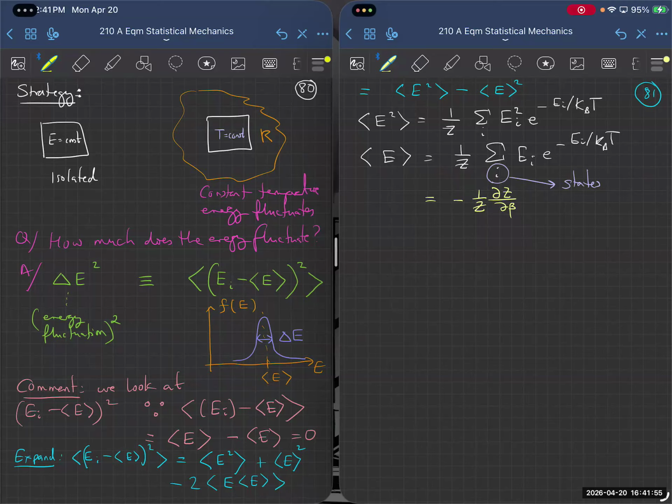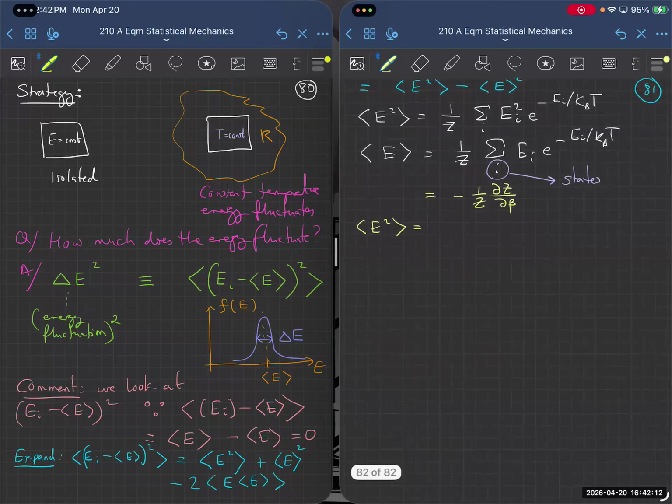So now let's write these things down as differentials. We know that the expectation value of E is just minus 1 over Z dZ by d beta. We showed that last time. So what about the expectation value of E squared? Where beta is 1 over k_B T, I've differentiated twice with respect to beta. So therefore this thing is just 1 over Z d2Z by d beta squared.